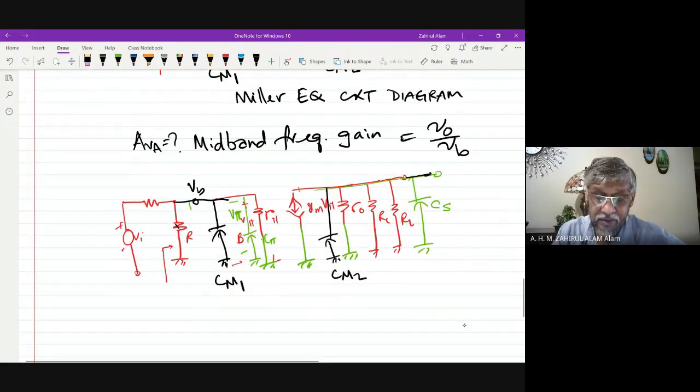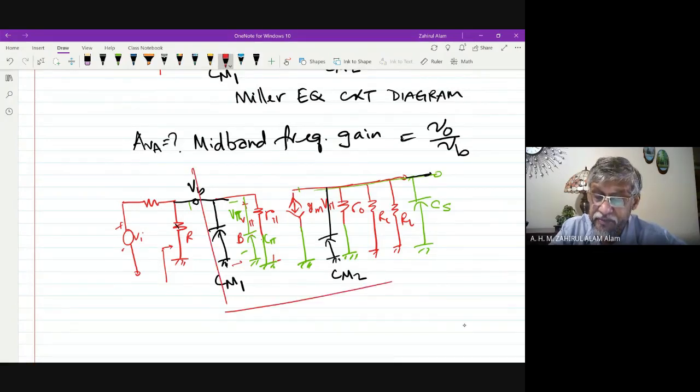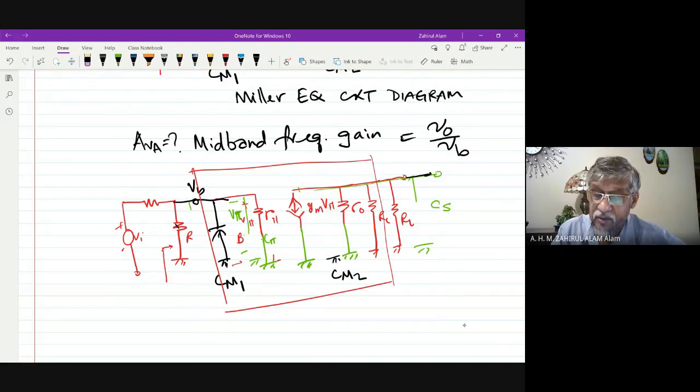So now this block is AVA. There are supposed to be no capacitances, right?